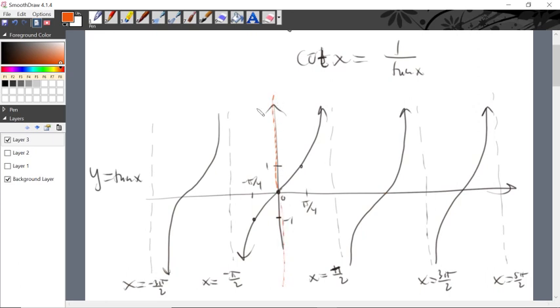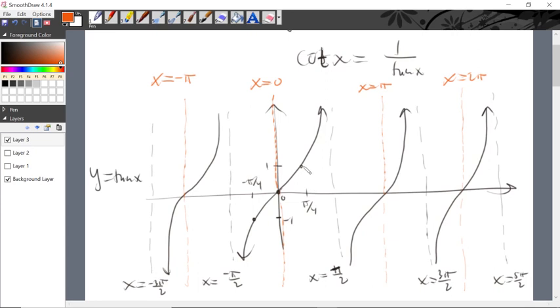So we get a vertical asymptote at x equals 0, another at x equals pi, another at x equals 2 pi, and one at x equals negative pi.